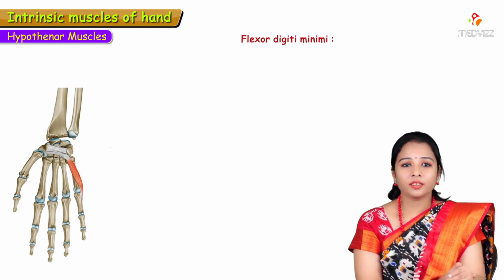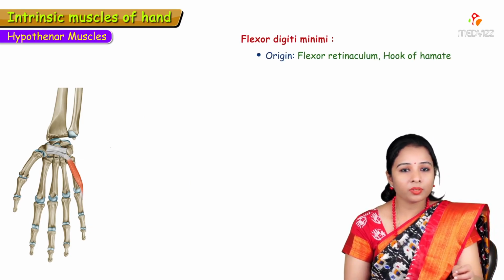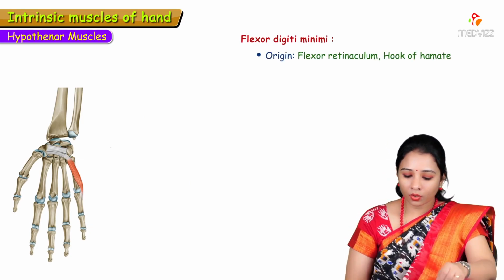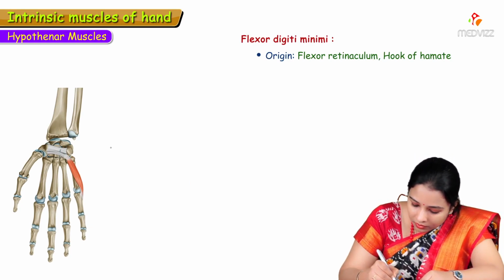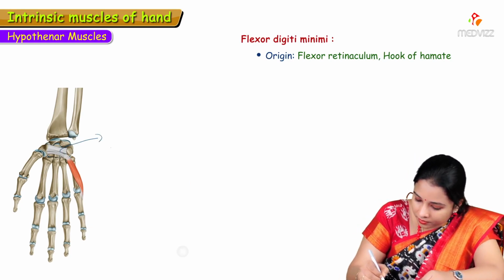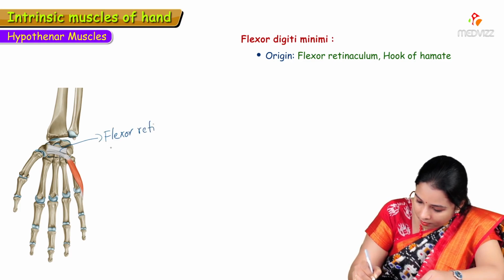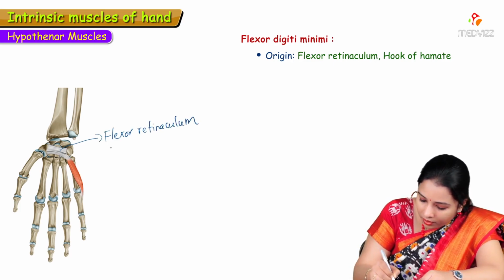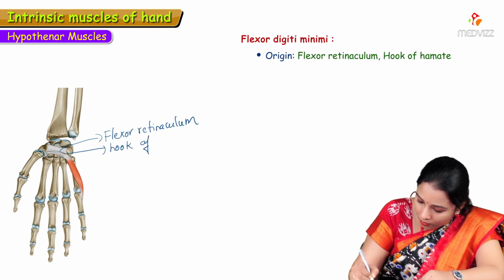The flexor digiti minimi gets origin from the flexor retinaculum and the hook of the hamate. So this is the flexor retinaculum, and along with it we can see the hook of the hamate.